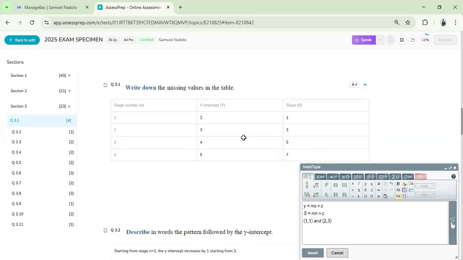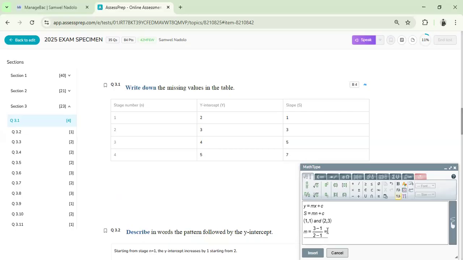So our rule asks us to find m, which is the slope, which will always be change in y over change in x. Change in y for this case is 3 minus 1 divided by change in x, 2 minus 1. So the change in y is 3 minus 1, not 3 minus 2.